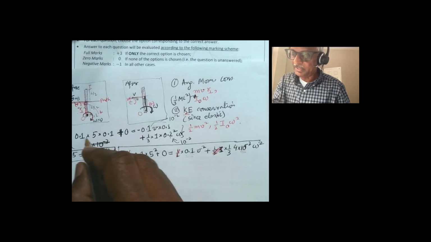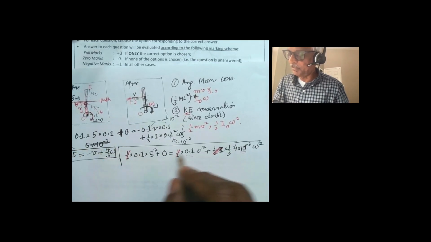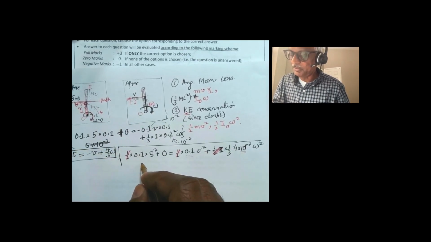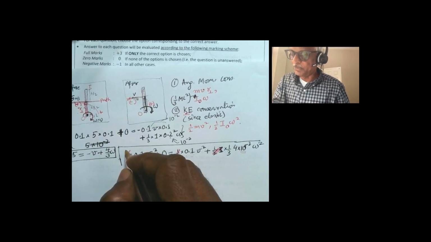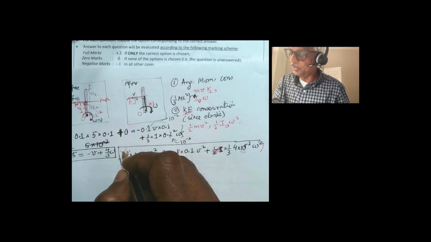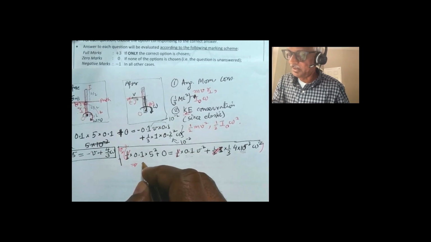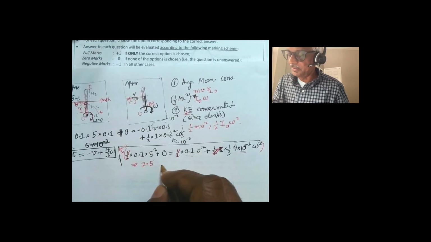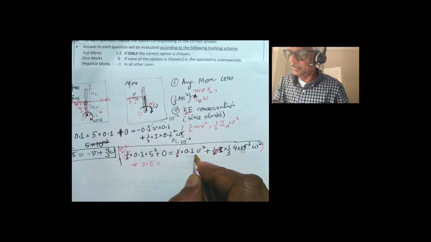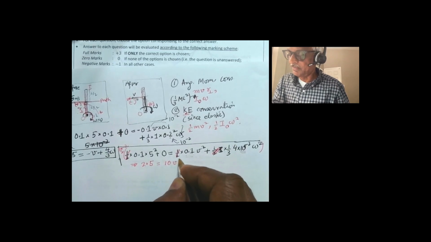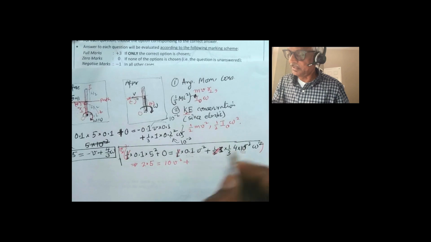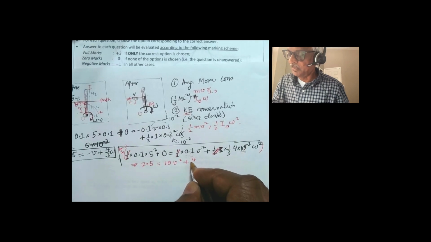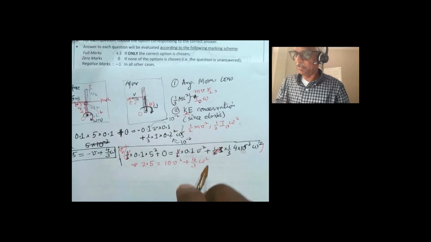So again I multiply by 10 to the minus 2, just to make this guy 2.5 equals 10 v square plus, that kills that, 4/3 omega square.